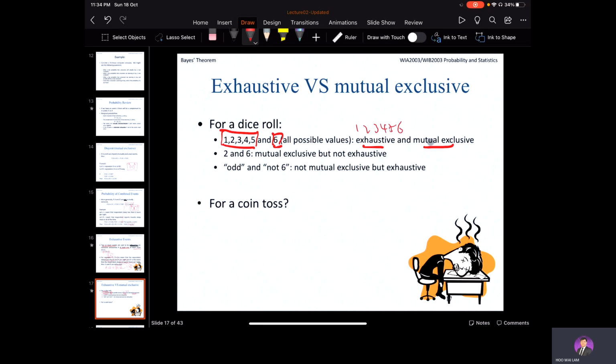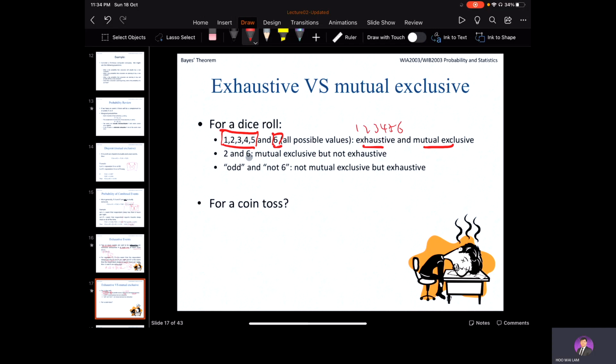All right, mutually exclusive. When this event is happening, sorry, when this is the outcome, based on the outcomes they have, when this event is happening, this event will not. So in that case, it's mutually exclusive as well. How about this one? Mutually exclusive.